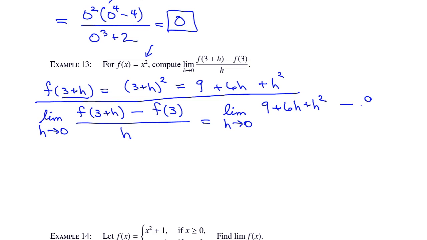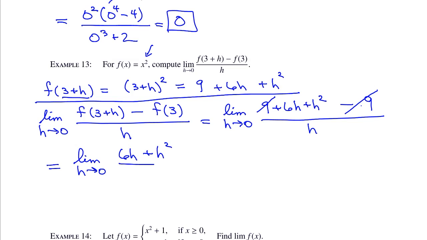That is 9, over h. What cancels from the numerator? The 9's cancel. That leaves me with the limit as h goes to 0 of 6h plus h squared over h.